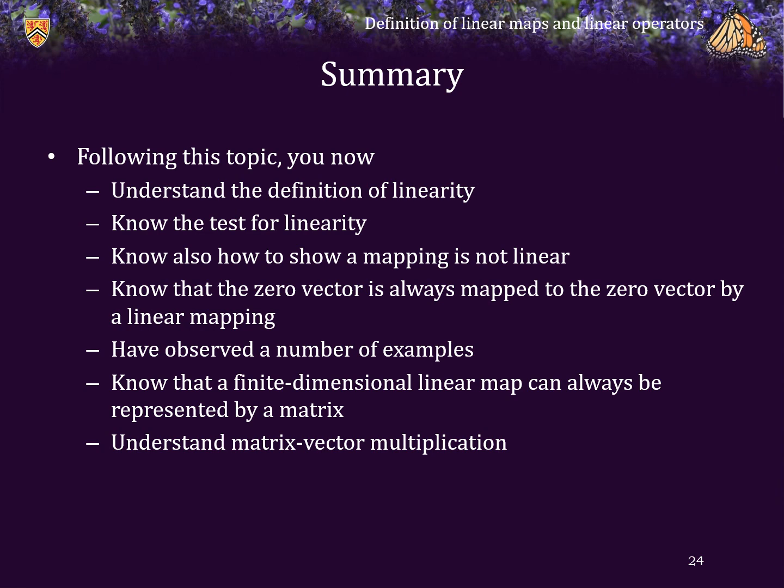You know that the zero vector is always mapped onto the zero vector by a linear map, and we also saw that lines in the domain are mapped to either a point or a line in the codomain. We observed a number of examples, and we now know that a finite dimensional linear map can always be represented by a matrix. We also saw how to find those matrices.